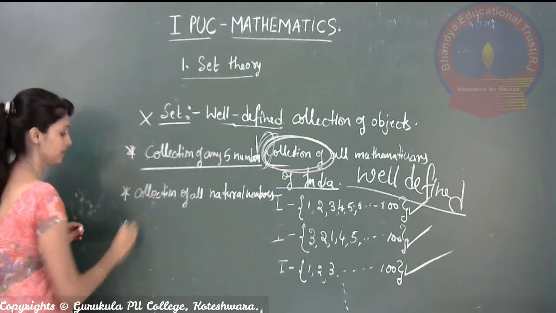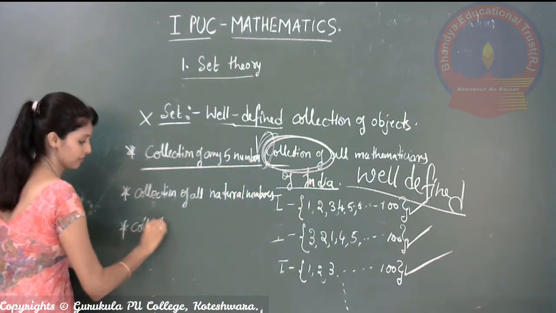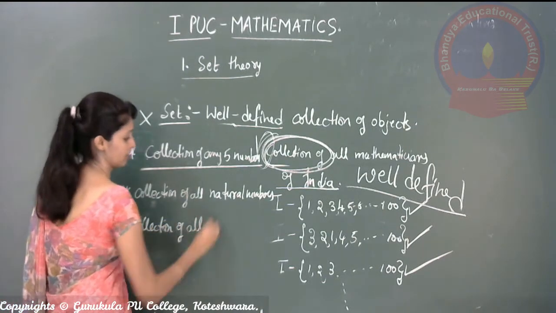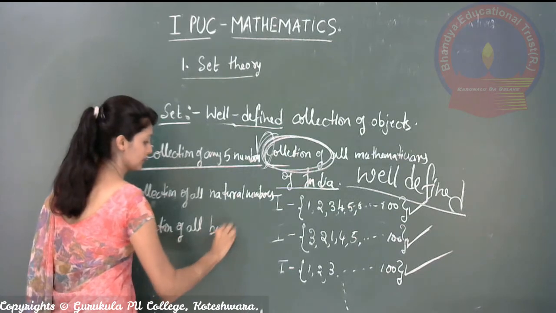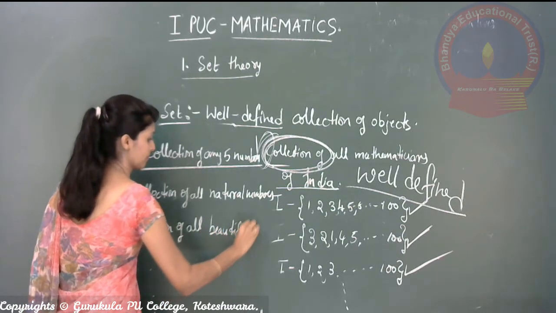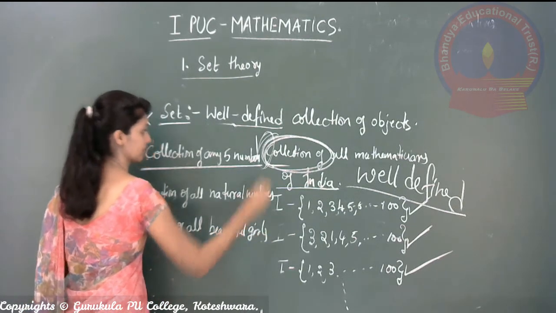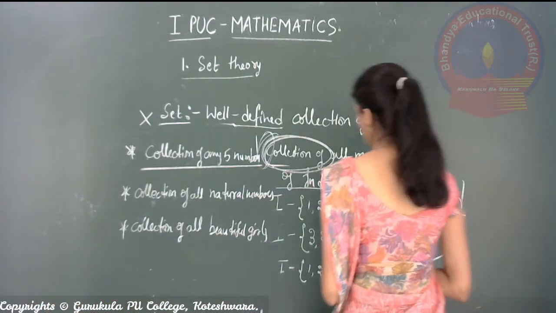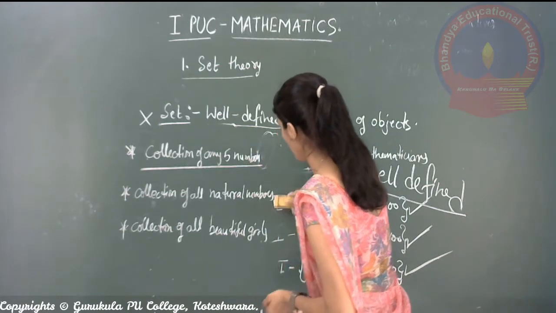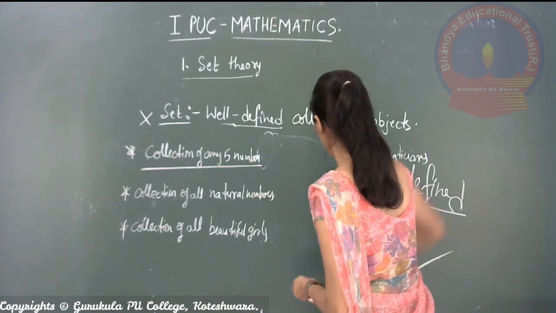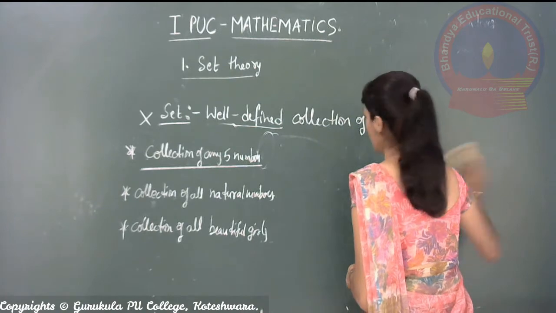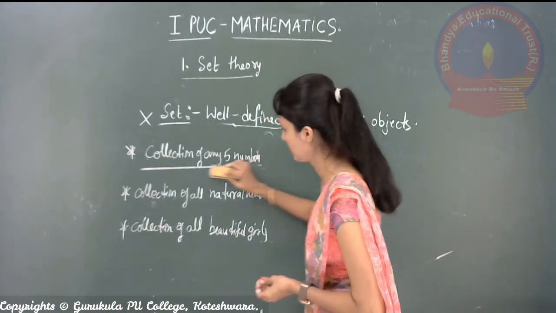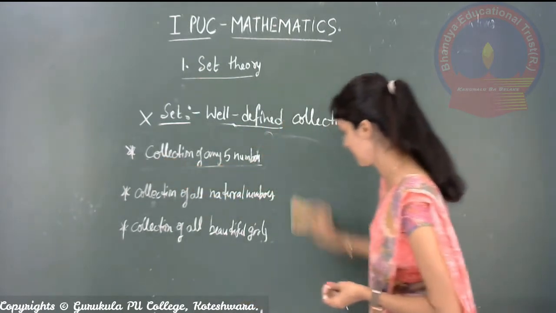Third, collection of all beautiful girls. If you observe these 3 collections and have understood the meaning of the set, you can make out which among them is a set.